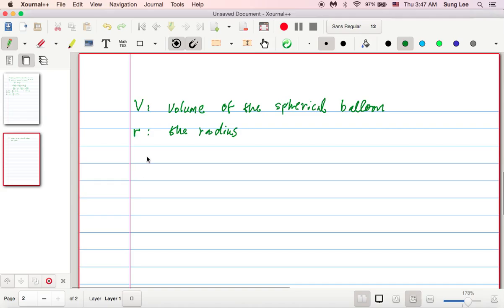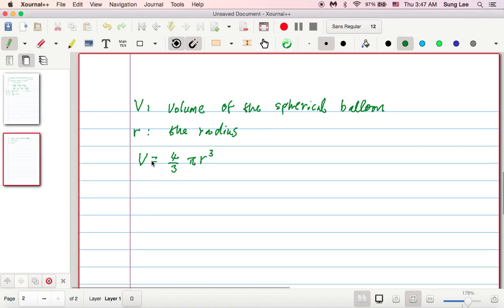Okay, and as you know, the volume of a sphere is 4/3 pi r cubed, right? So that's the volume of a sphere with radius r.